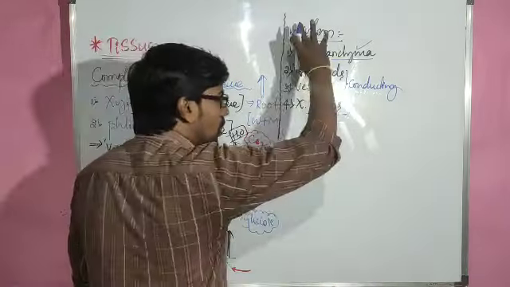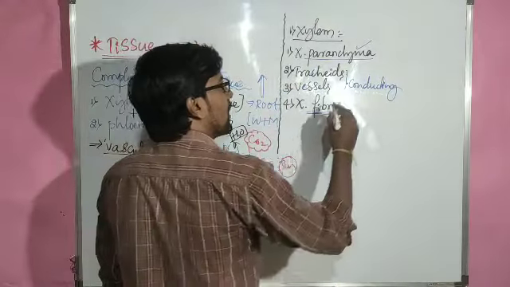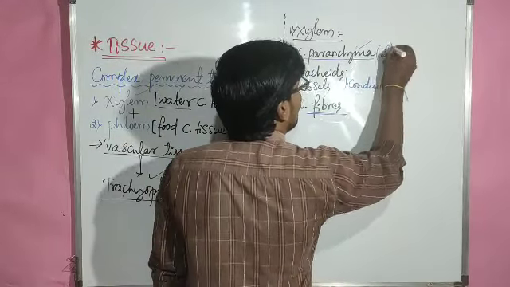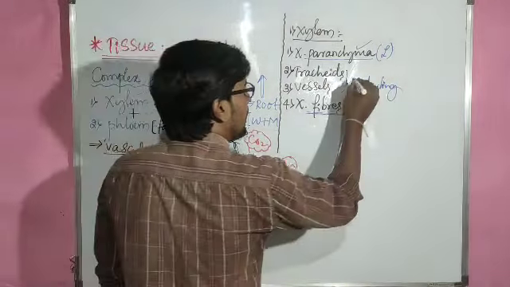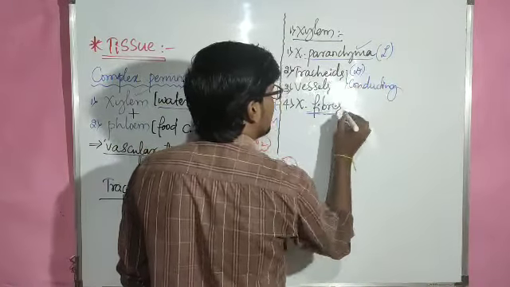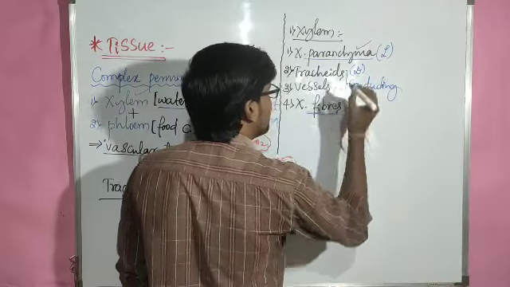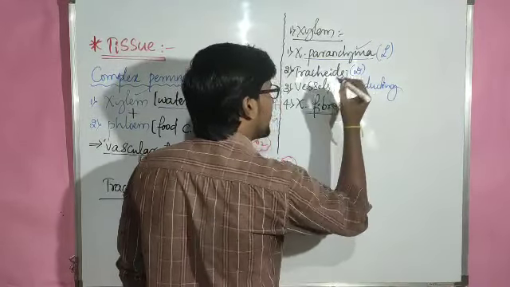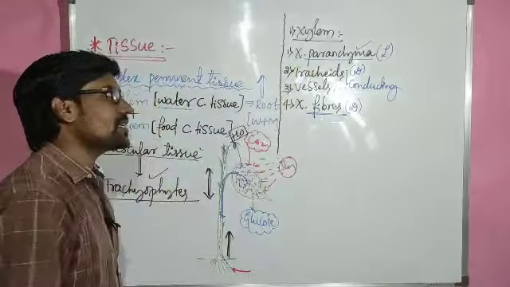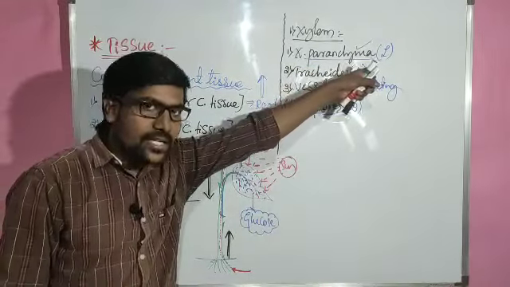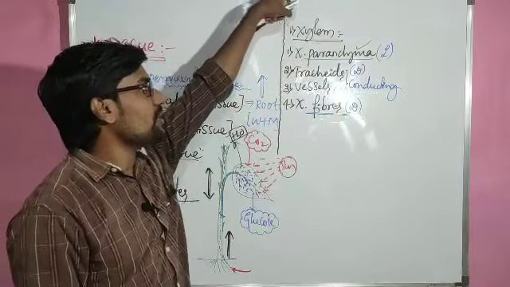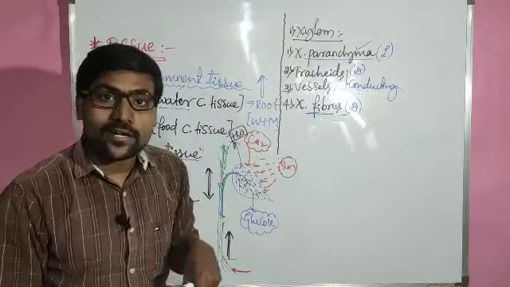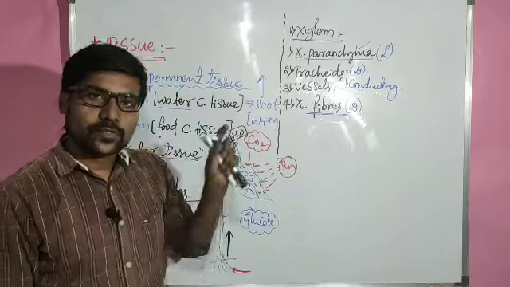Out of four components, xylem parenchyma is living. Tracheids are dead cells, vessels are dead cells, fibers are also dead cells. Three are dead and only parenchyma is living. That means we majorly consider xylem a dead tissue.